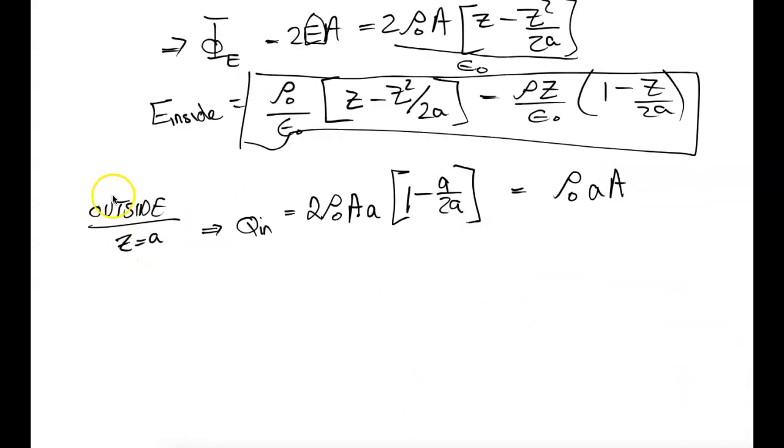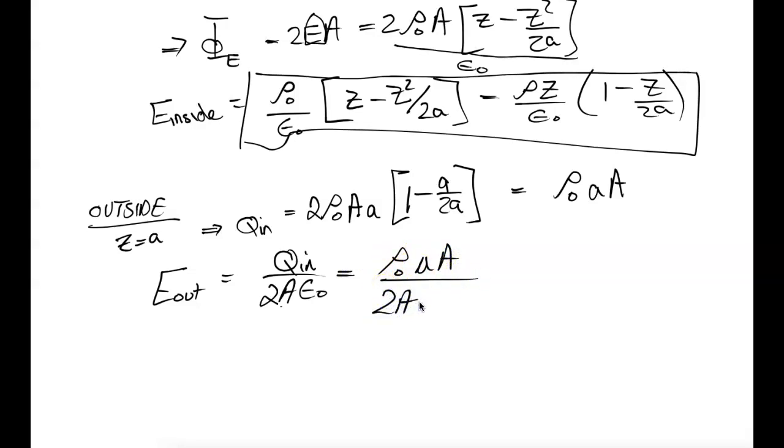And now the electric field outside is going to be Q enclosed over epsilon naught, because 2EA equals Q enclosed over epsilon naught, so E by itself is going to be Q over epsilon naught divided by the 2A, and this is rho naught little a big A over 2 epsilon naught big A, which is rho naught a over 2 epsilon naught.